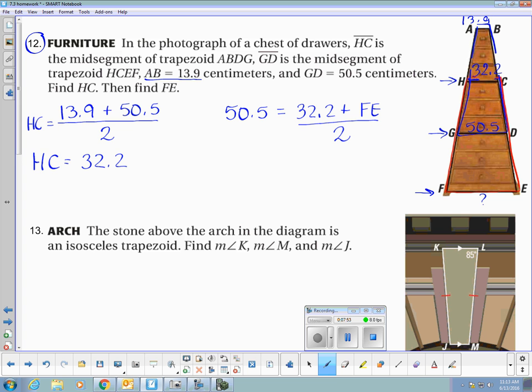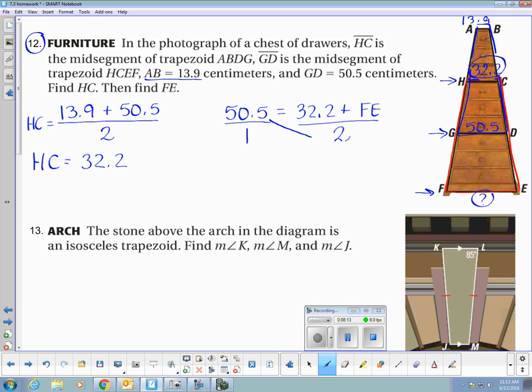So the question is, what number together with 32.2 divided by 2 is equal to 50.5? So we're going to solve this equation as if it were a proportion. And I'm going to cross multiply.